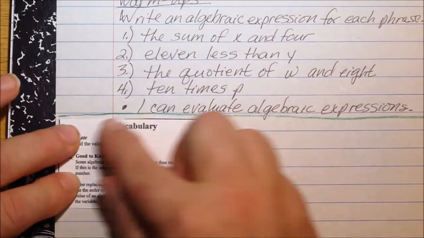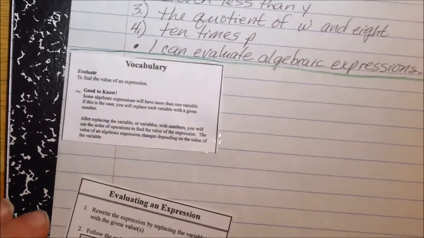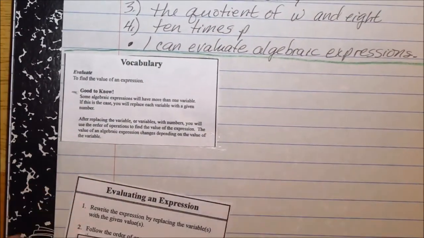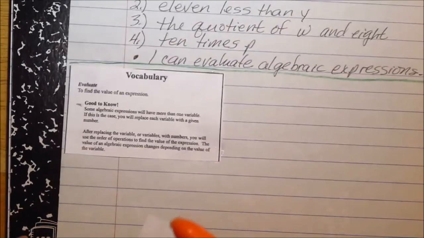Oop, almost put it down upside down. Up here all the way at the very top in the corner for vocabulary. And notice that I cut off the blank space on the bottom of that one. All right, next one underneath there.